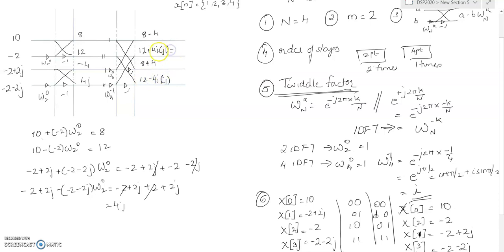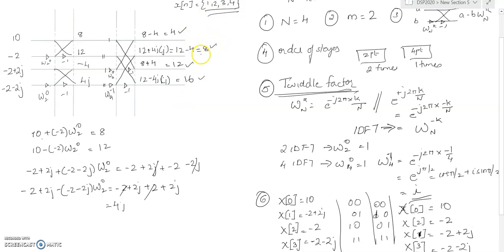So solving this, we have 12 plus 4j square, which will be 12 minus 4 equal to 8, and we have 12 here, we have 4 here, and we have j square will be minus 1, so this will be 16.